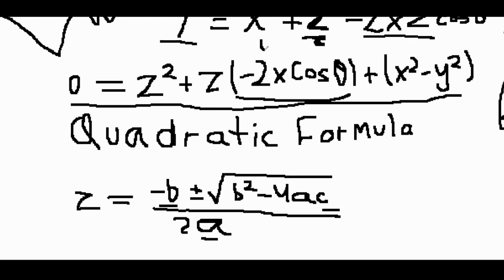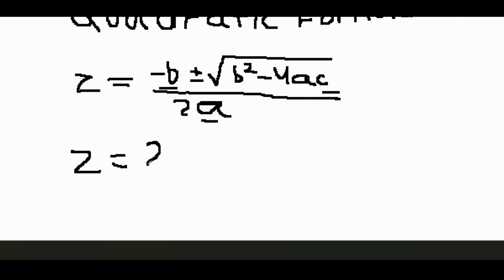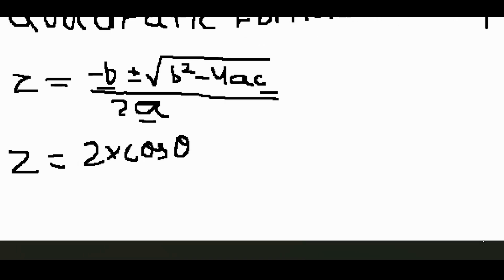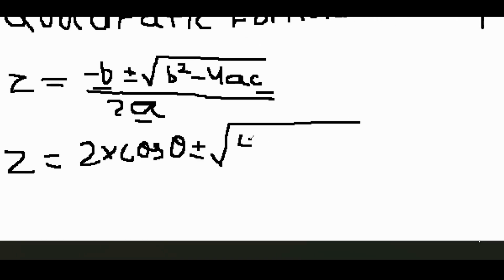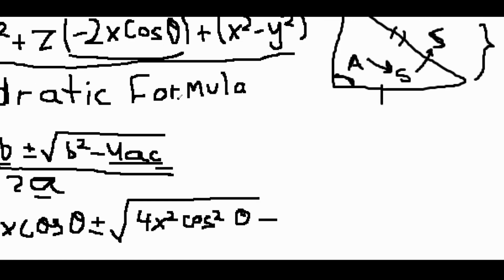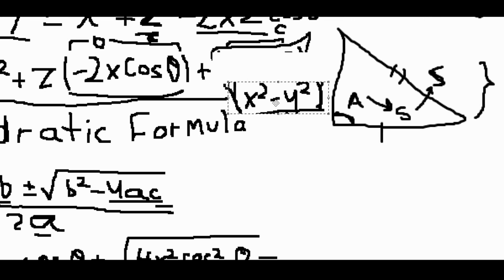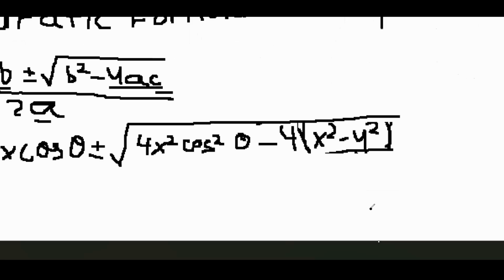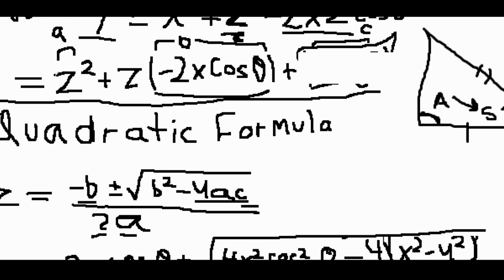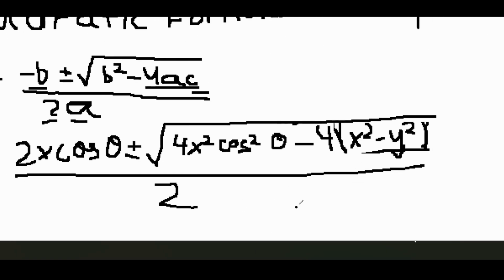Now substituting the values for b, a, and c, you can see that we can have 2x cosine theta plus minus the under root of 4x square cosine square theta minus 4ac. So we can just grab the entire term, and since a is just 1, it doesn't matter, divided by 2.